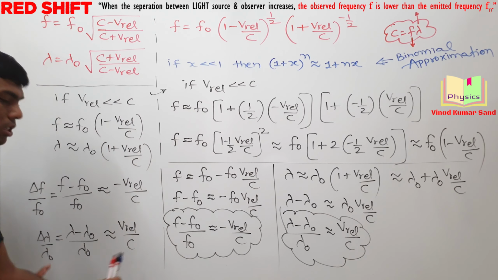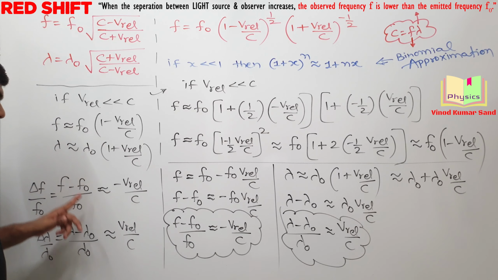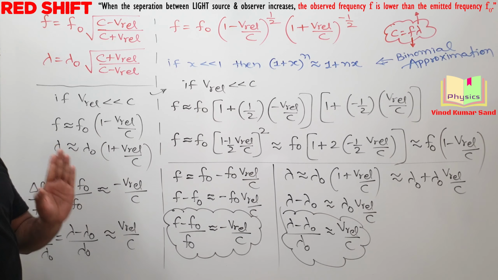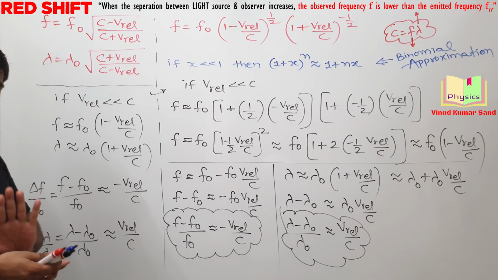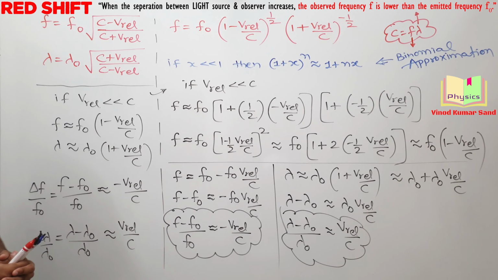Then you can use these formulas. Although these are approximations, your answer will be accurate to a great degree. Note them down, then we'll go further. We'll take up numerous beautiful questions based on these formulas.